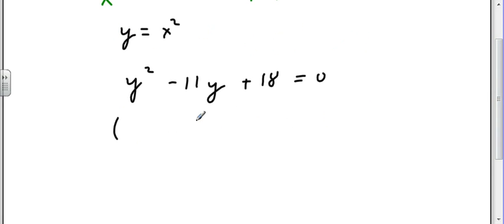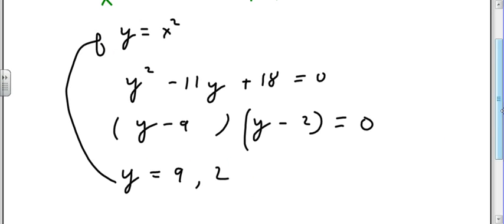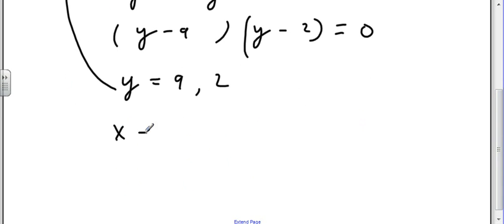And then we could factor that: y minus 9, y minus 2. And then we could say, okay, y could be 9, y could be 2, that's fine. And then we'd have to go back into here to get the x's and say x is plus or minus the square root of 9, which is 3, and x is plus or minus the square root of 2. So I could have done it that way and got the same answer too.